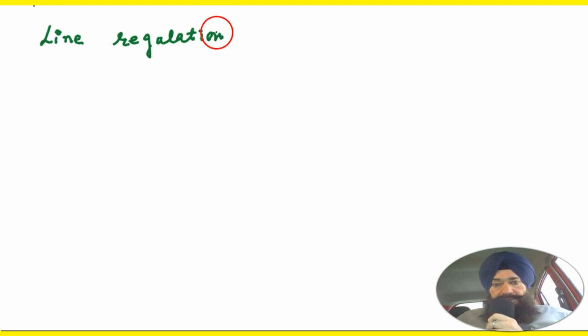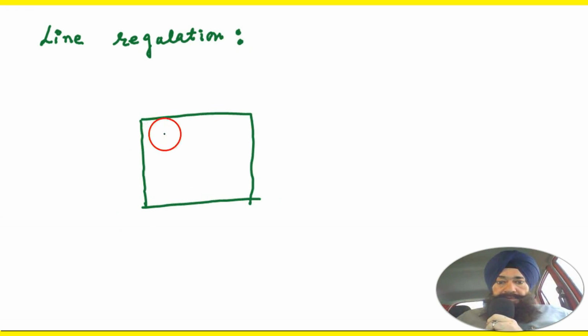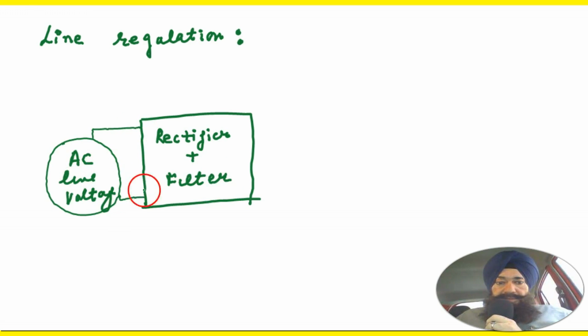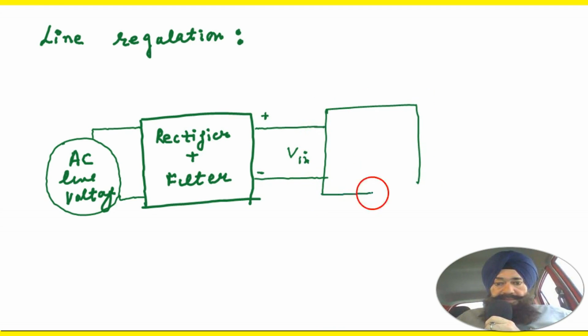Line regulation, what do we mean by line regulation? This is a rectifier with a filter circuit, and here AC is applied to the rectifier, and here we are getting some rectified voltage which is input to the regulator.